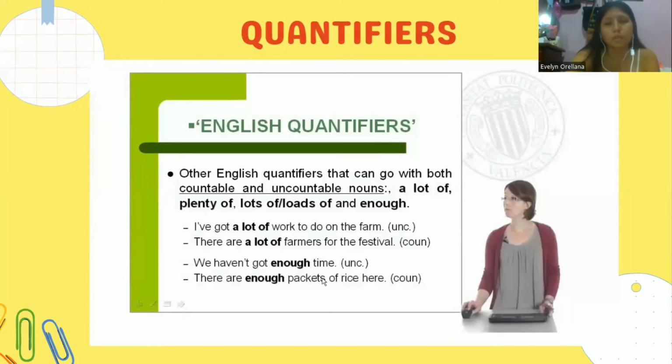With countable nouns: there are a lot of farmers for the festival. Uncountable nouns: we haven't got enough time. Countable nouns: there are enough packets of rice here.